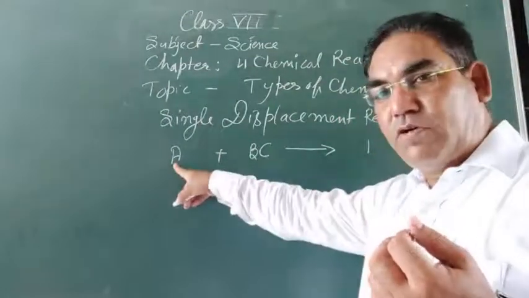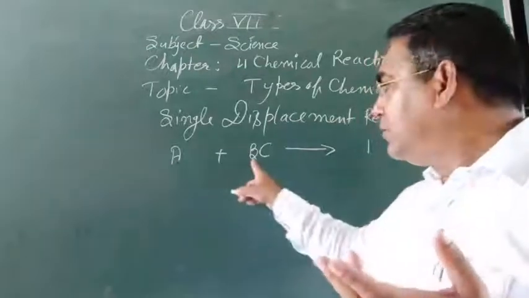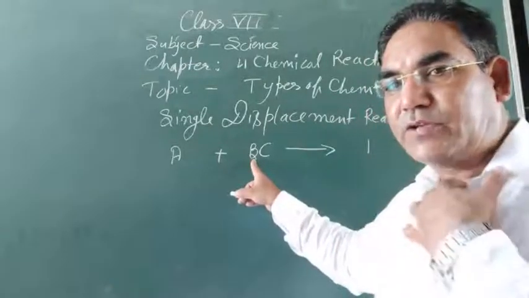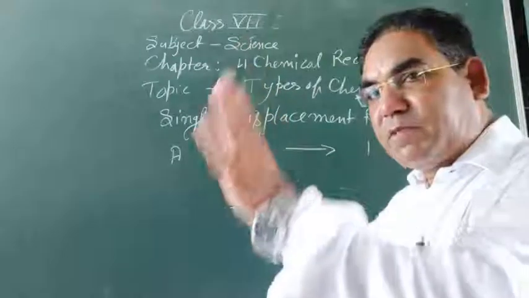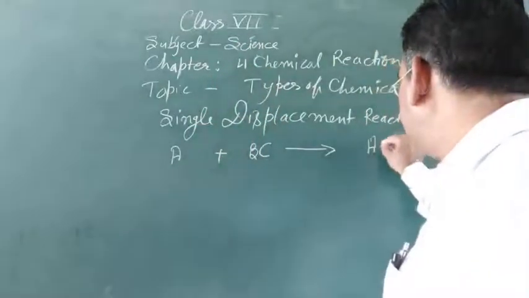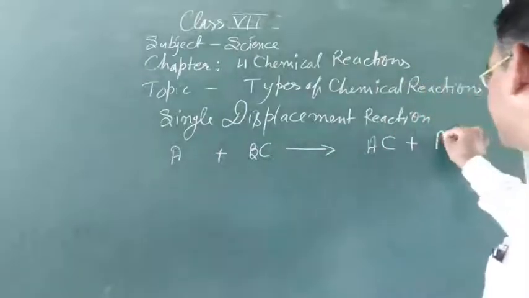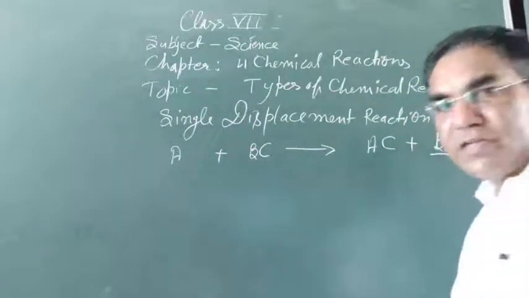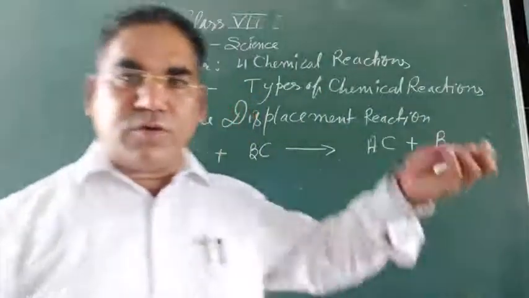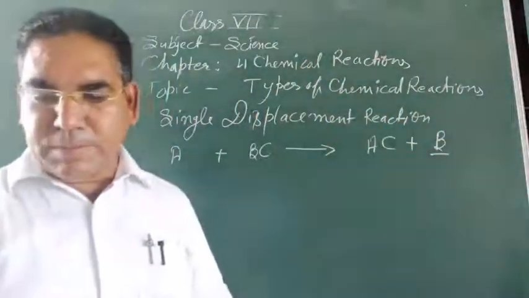Suppose A is strong and more reactive, B is less reactive, so A will displace B and produce a product AC, and B will go out from the compound.